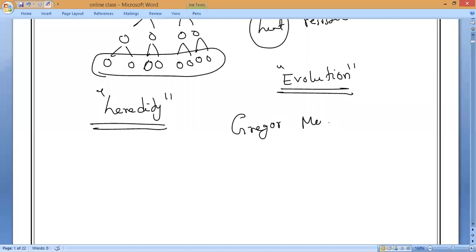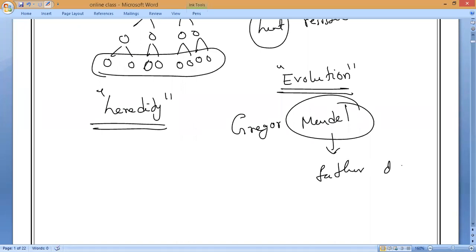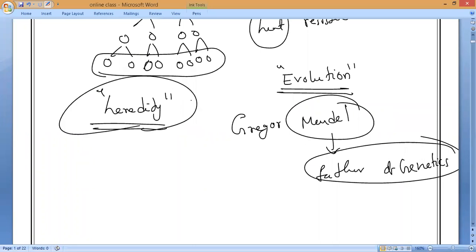Gregor Mendel. You can just remember Mendel, and he is the father of genetics, because he is the first one who explained the systematic study of heredity. That is why he is called the father of genetics.